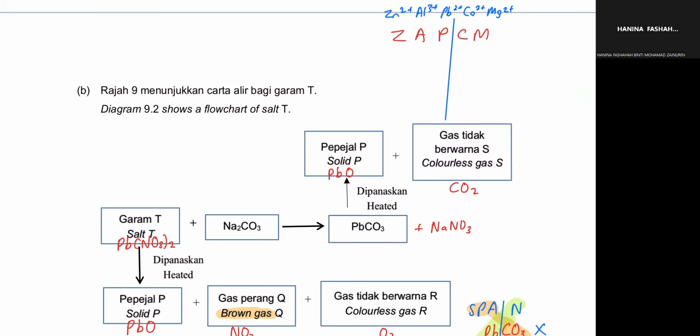So how to test? First you add NaOH, then you add ammonia, then you add KI. After that you follow this method to remember. So the method is W, then Z and AP you can split again. W, 4W.